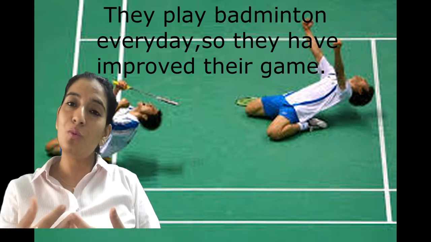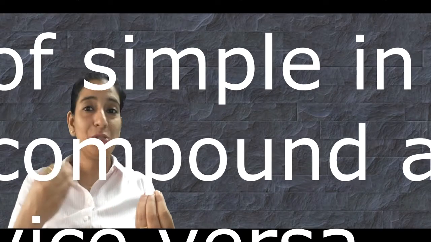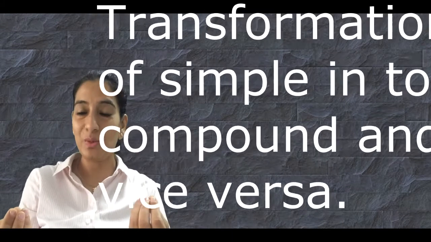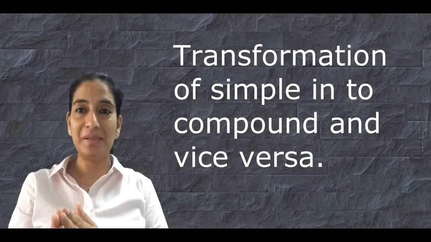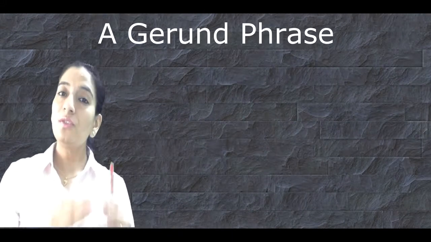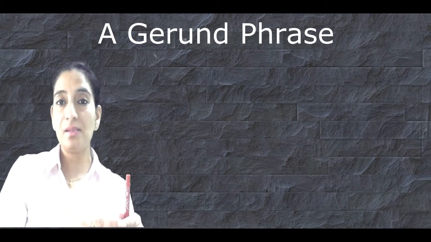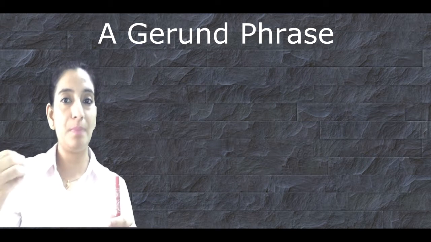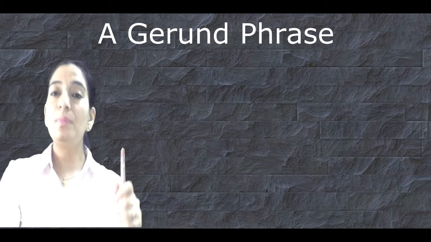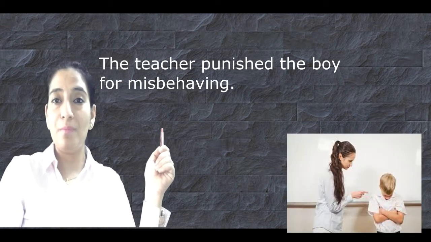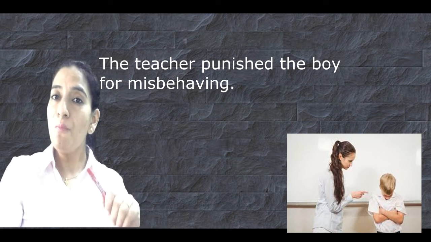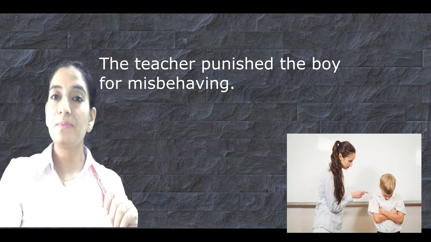Now that we have gone over the basics, let's head on to transform a simple sentence into a compound sentence and vice versa while retaining the same meaning. First of all, we'll learn how we can transform a simple sentence with a gerund phrase into a compound sentence. For example, the teacher punished the boy for misbehaving. Now can you mark two verbs in the sentence?